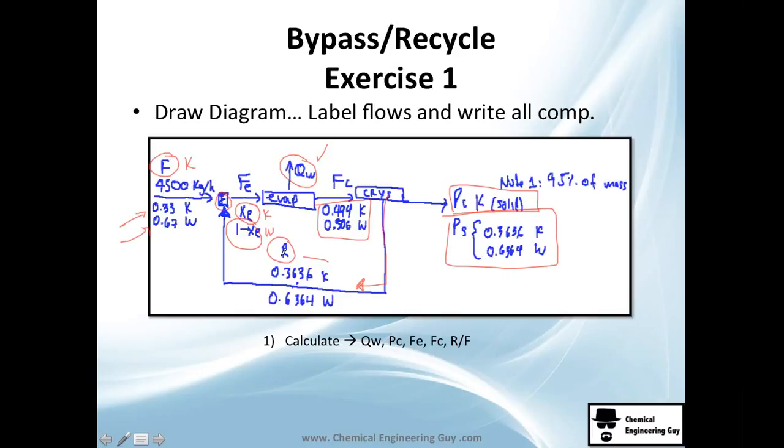As you can see, of course, it's the same composition because it's the same solution. The only thing is that we're going to recirculate this one and we are not going to recycle this one. And besides, they tell you, note 1, 95% of the mass of the cake is sent here. Good. So now we got to calculate Q, P, F, Fe, Fc, and the relationship.